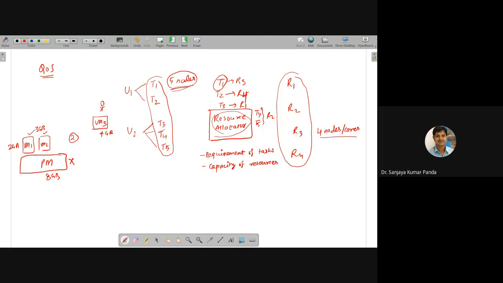If it is very sensitive, the restaurant has to follow whatever instruction you have given. If it is optional, the restaurant may follow your instruction, or it may not. So the quality of service requirement is examined by the service request examiner unit and admission control unit. Based upon that, you take a decision whether to accept or reject the request.